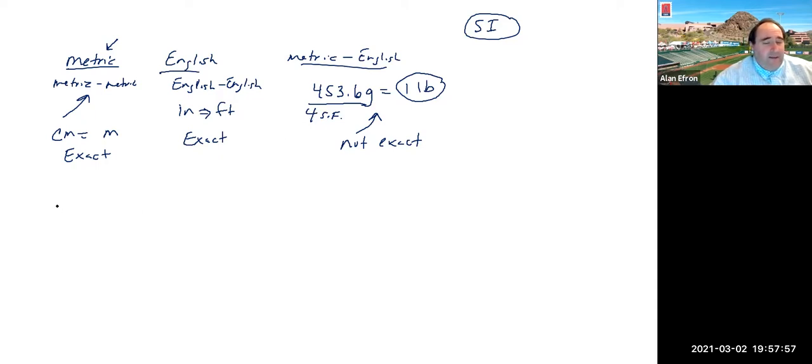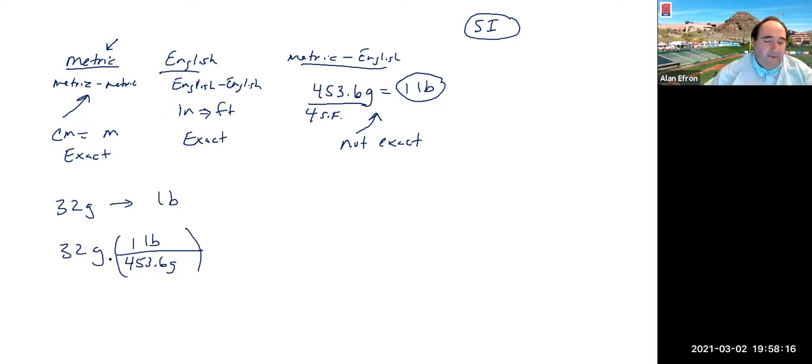So technically speaking, if we did 32 grams and we wanted to know how many pounds, we would use 453.6 grams per pound as our conversion factor. We take 32 times 1 and divide it by 453.6, which gives us a number like 14515.2.